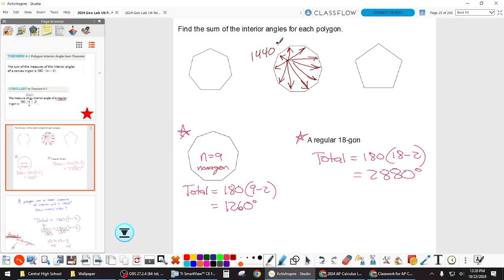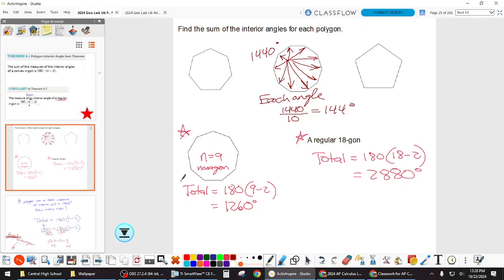So what do? Just divide by 10, right? In this case, 10. So each angle has how many? 144 degrees, right?